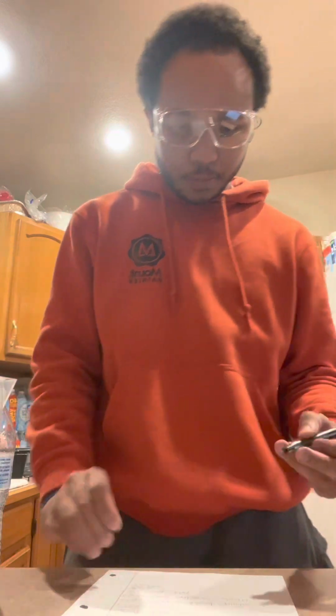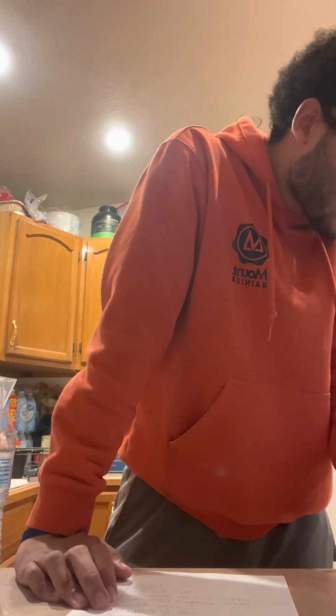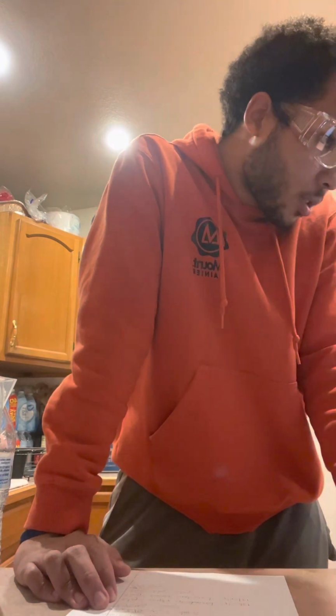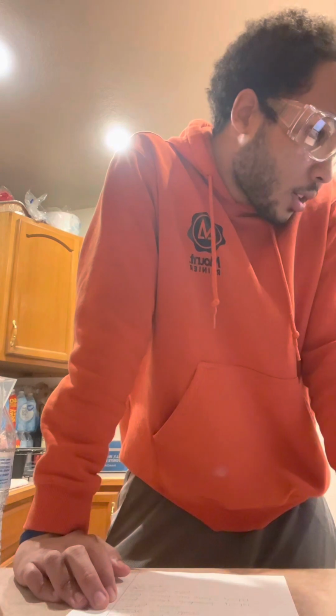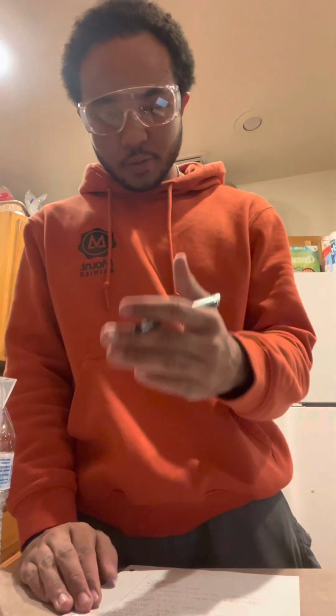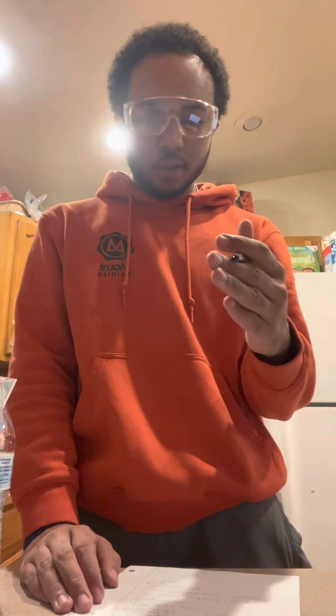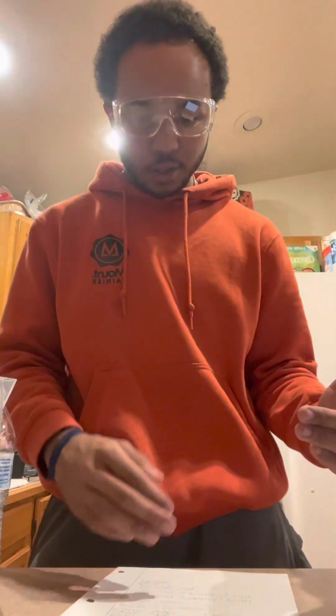It wants us to calculate the volume of the sphere and report your answers in the correct number of significant figures and unit. So what we got to do is take our volume of the graduated cylinder with the water, and our volume of the graduated cylinder with the water and the glass sphere, and subtract them from each other.